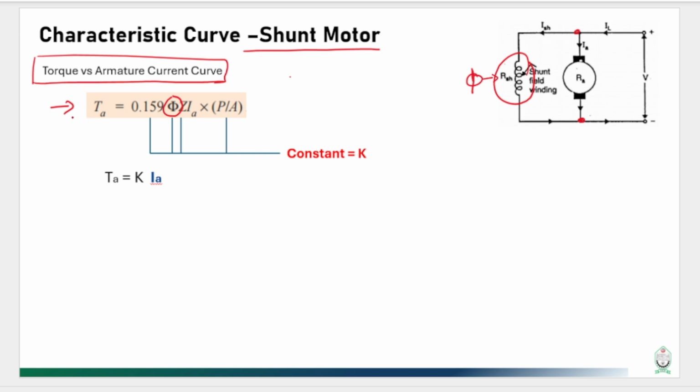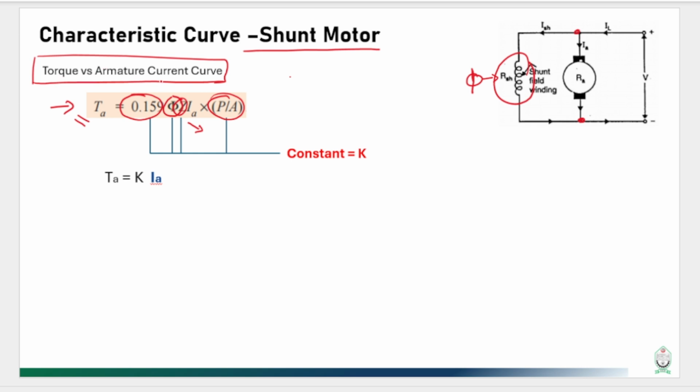So when we were explaining the equation for armature torque for series motor, the scenario was different, but when we are analyzing the equation of armature torque for shunt motor, flux is a constant, Z is a constant, P by A is constant, which leaves us with only the variable Ia.